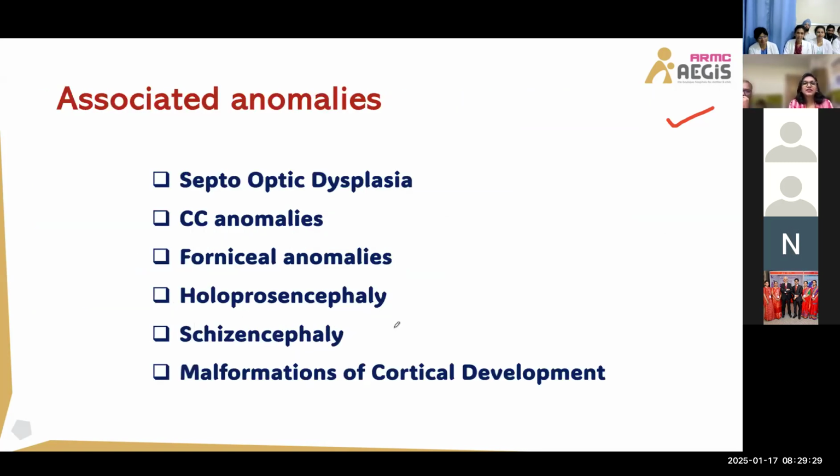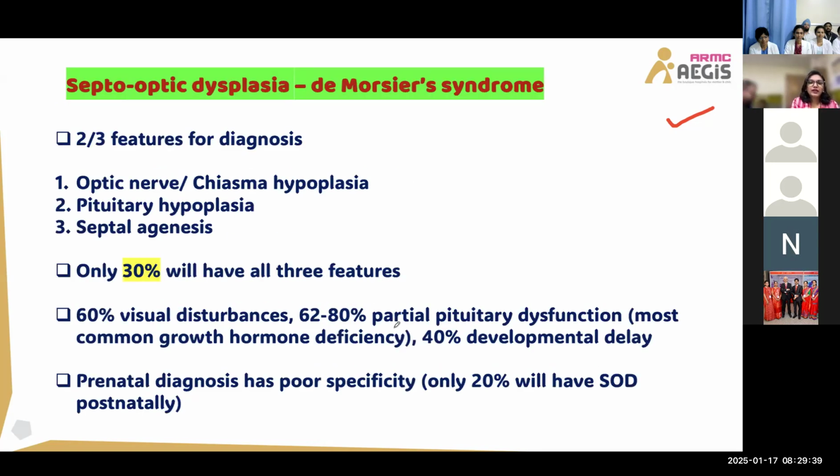So, septal agenesis can be associated with septo-optic dysplasia, CC and fornicial anomalies, holoprosencephaly, schizencephaly, and malformations of cortical development. Coming to the primary differential for septal agenesis, which is septo-optic dysplasia, otherwise known as de Morsier syndrome, it is diagnosed definitively if it has 2 out of these 3 features: optic nerve or optic chiasma hypoplasia, pituitary hypoplasia, or septal agenesis.